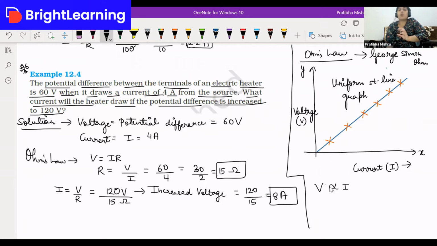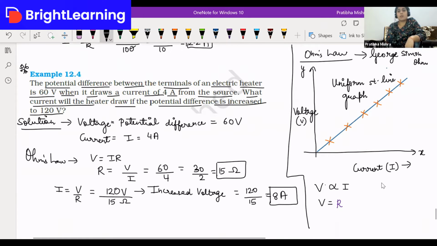You can't find out any value if you have a constant of proportionality involved. To remove it and find out the values, you need to put an equal to sign and introduce a constant. That constant will be your resistance.